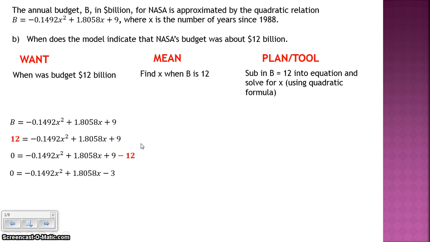And I can simplify that, and here I have the equation I'm going to use to sub in to my quadratic formula. And just to help people out, the first number connected to the x squared is my a value, the second number is my b value, and the third number, that negative 3, is my c value.